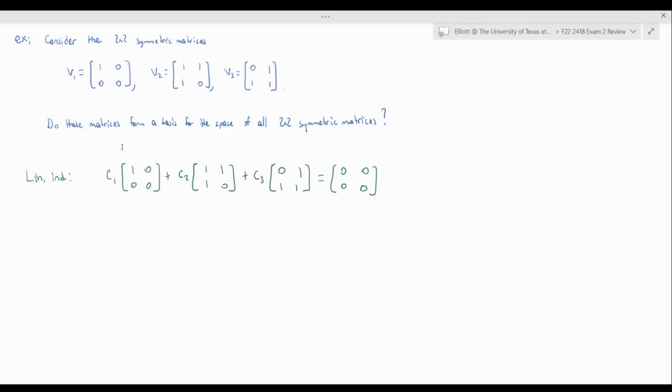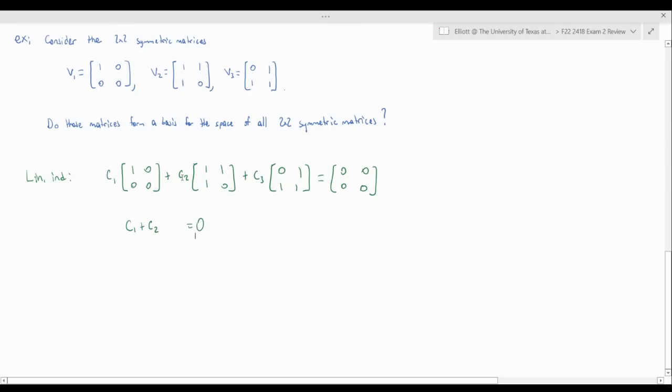All right, so this time you can convert this to a system of equations by adding the components. Looking at just the first entry right now, you're going to get 1C1 plus 1C2 plus 0C3 has to equal 0. So you get one equation from that. You can write out the rest of the equations, which I'll do real quick.